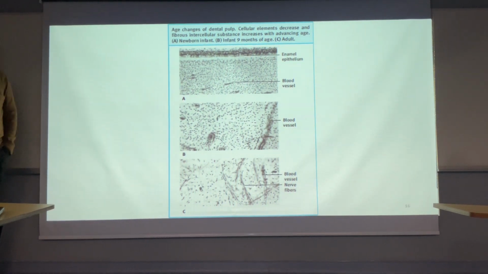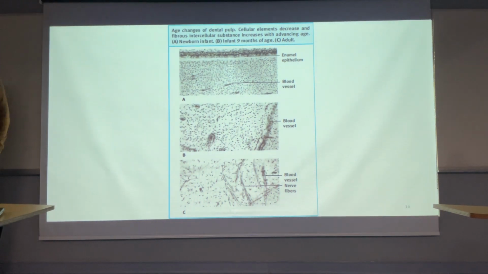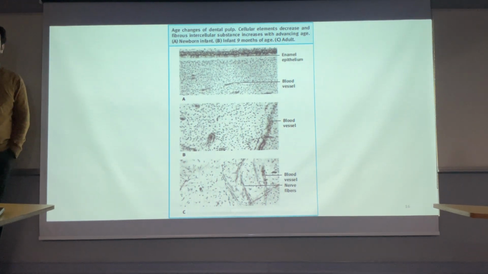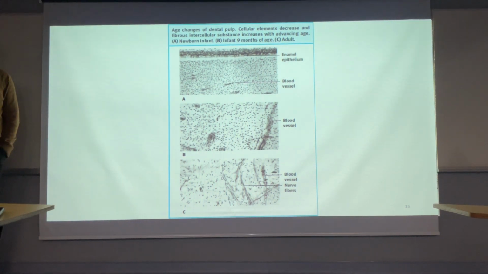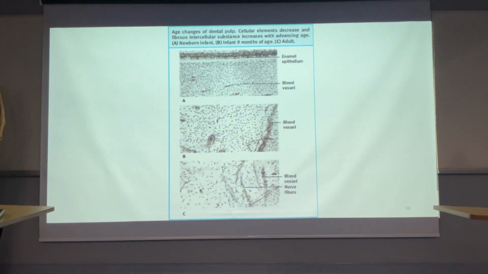Because in infants, our teeth are not grown completely, and in our teeth we have a high amount of formation of dentin, formation of enamel, formation of cementum, and these periods continue. Because of that, we have a very active pulp, and in this pulp we have a high amount of different cells.